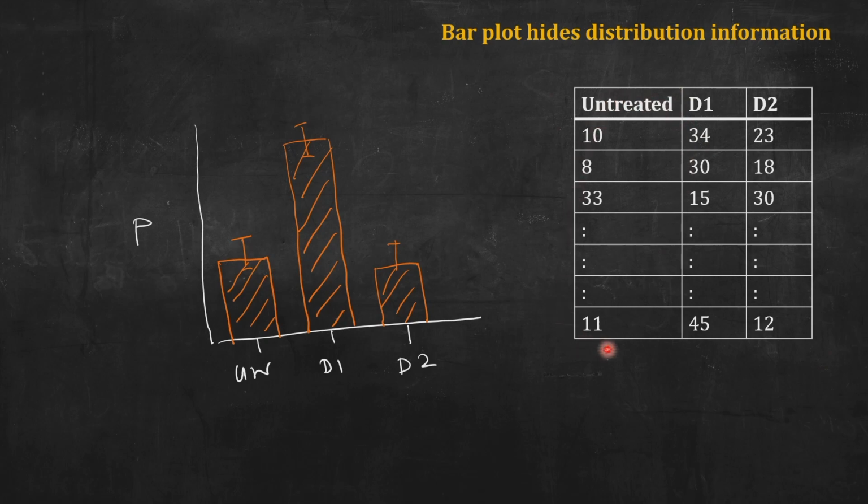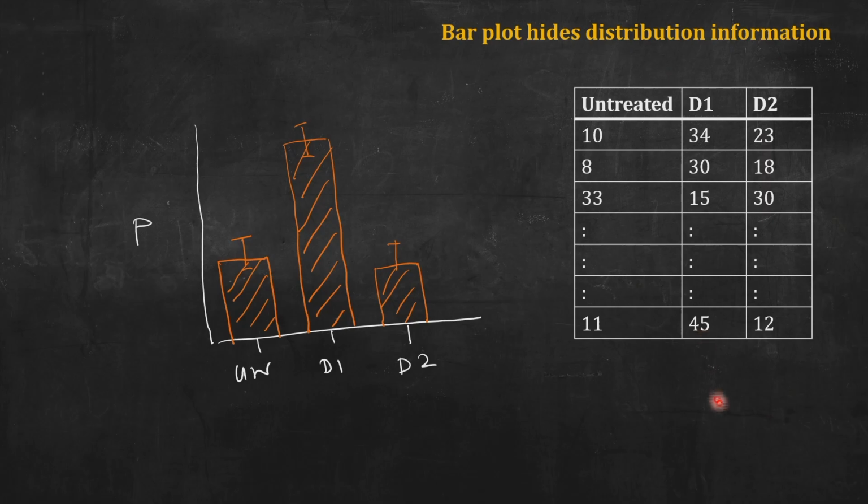So I have one group which we call untreated, suppose that has 40 animals, and D1 is another group where I have treated with a particular drug or a dose of a drug, and D2 is another group of animals, both having 40 animals each. Now we have treated these animals with the drug, and we also have an untreated population, and then we have measured some parameter, suppose some blood parameter, we will not go into that. Now I can represent this data in tabular form in this way.